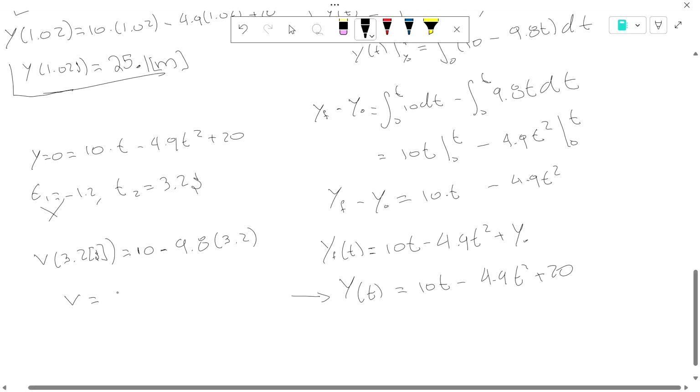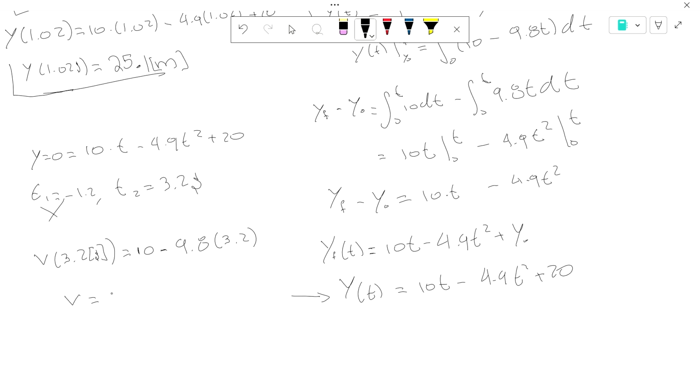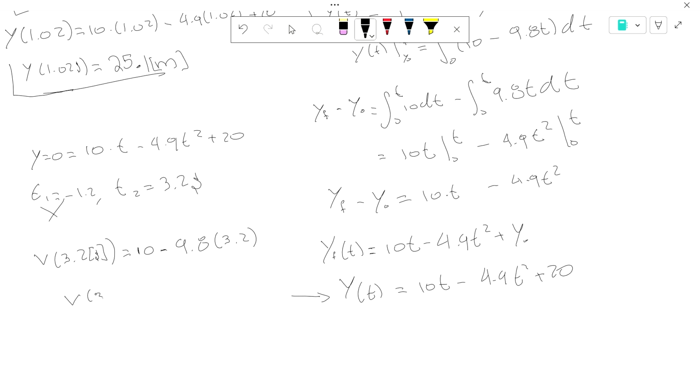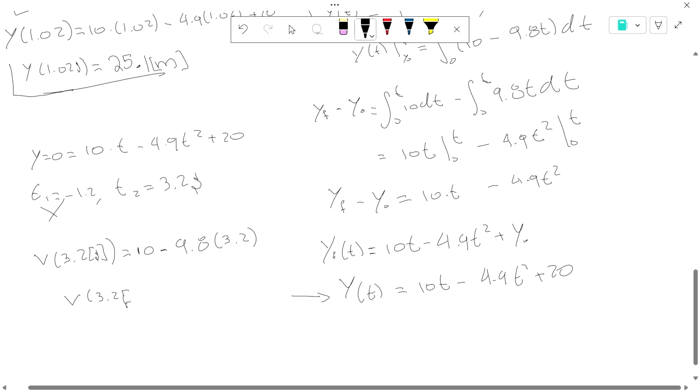So v is equal to, remember this is in seconds, so meters per second squared times seconds is going to give us meters per second.